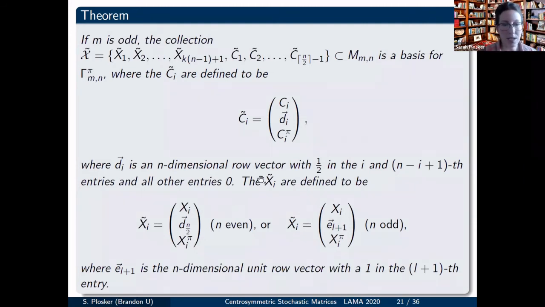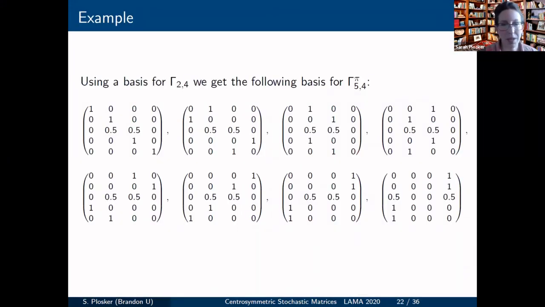The middle row is either that same 1/2, 1/2 in there for N even, or if N is odd, it's just a 1 in the (L plus 1)th entry. So mostly the even case is just exactly what you would expect. The odd case is almost exactly what you would expect, except you have to deal with that middle row. So just a basis for the 5 by 4 centrosymmetric stochastic matrices, you see that there's these 1/2s popping up in the middle row.